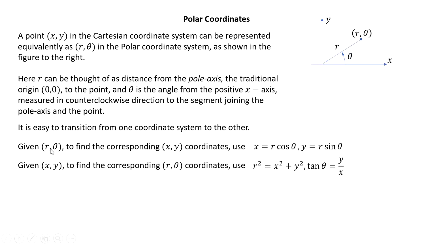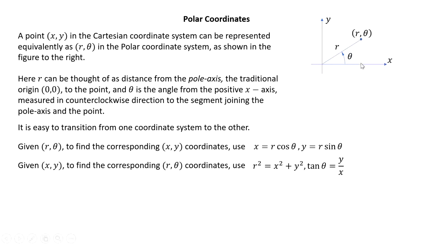One more thing. Given r, theta, let's focus on this one, to find the corresponding xy coordinates. You know the polar coordinates. Can you find the corresponding xy, the Cartesian coordinates? Simple. x equals r cosine theta, y equals r sine theta. Where did that come from?